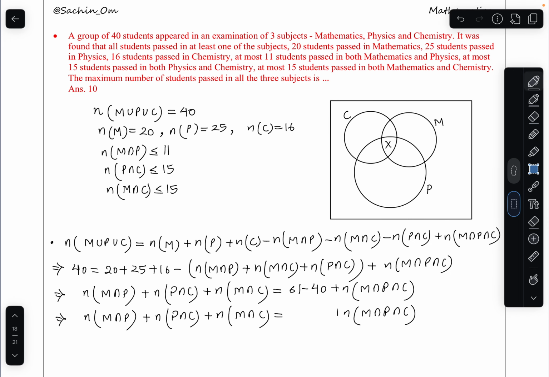This becomes 21 plus the number of elements in M intersection P intersection C.